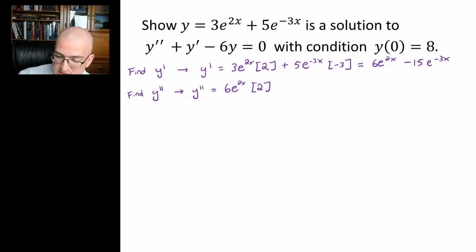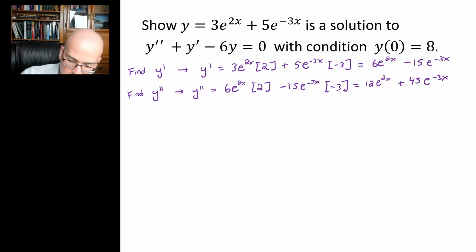And then we have minus 15 times the derivative of e to the negative 3x, so e to the negative 3x times negative 3. And then we can simplify, multiply the constants together. 6 times 2, 12e to the 2x, plus 15, negative 15 times negative 3, positive 45e to the negative 3x.